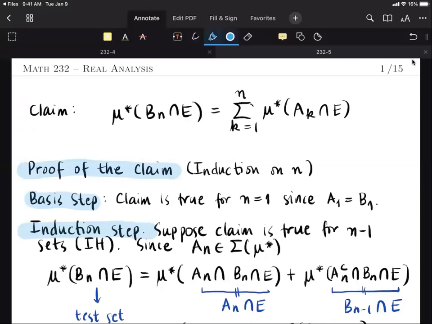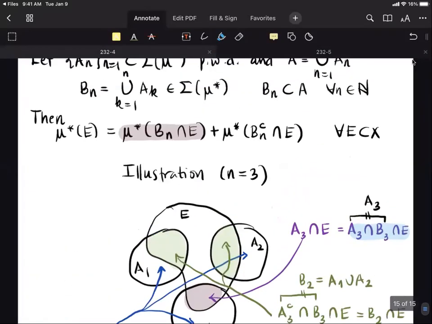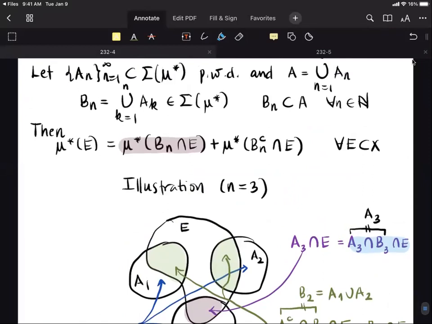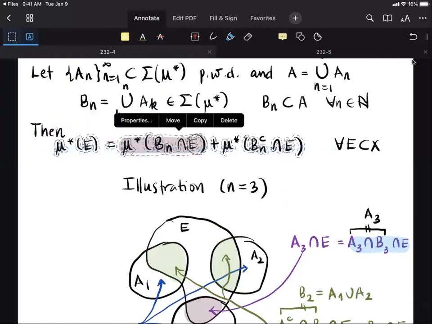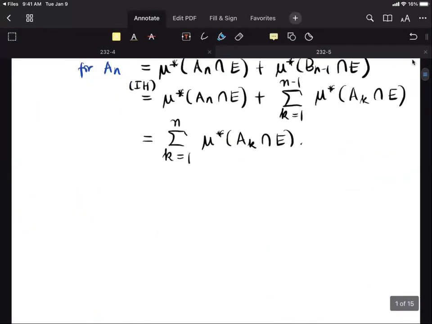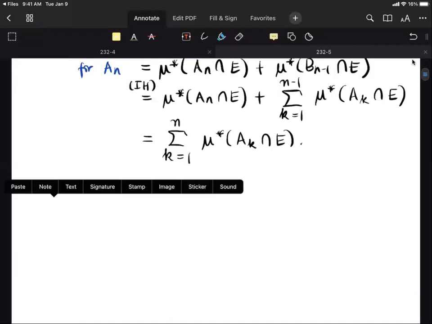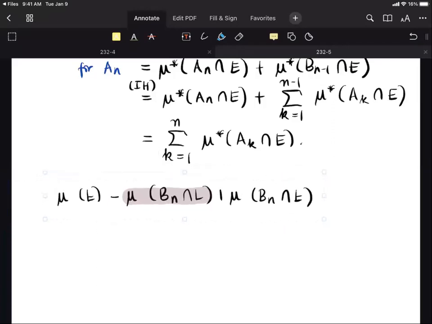So going back to what we have discussed previously, this part here. So let us copy that one and paste it here. There are missing parts.